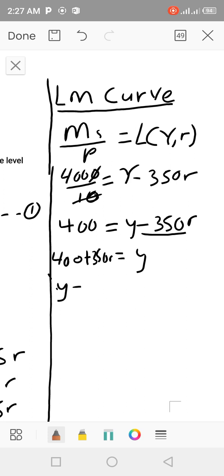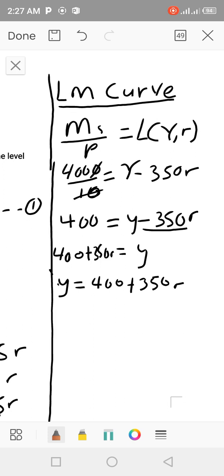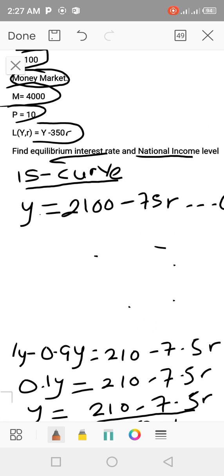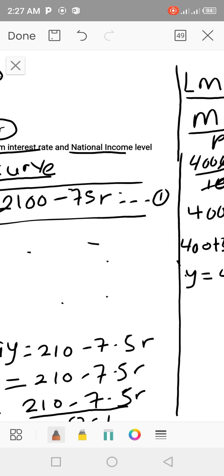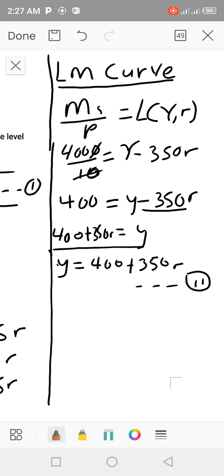So Y is equal to 400 plus 350R, which is our equation 2. So we have equation 1 from the IS curve and the second equation from the LM curve. Now we are going to combine the two equations to find the general equilibrium.